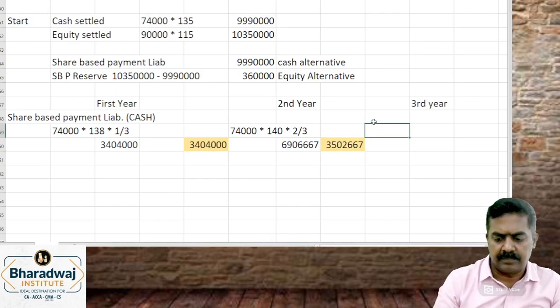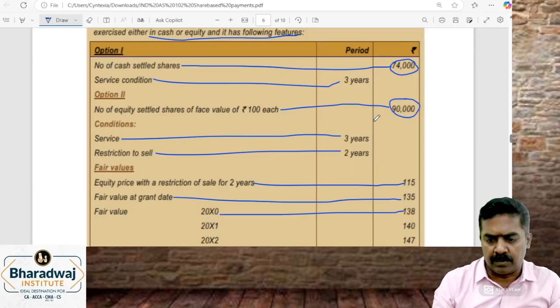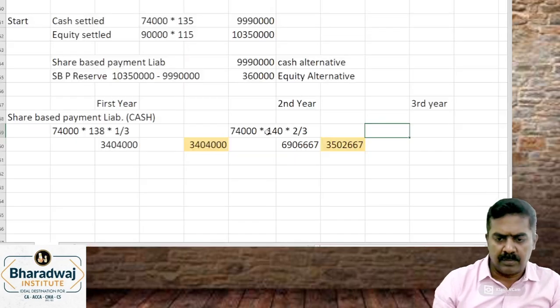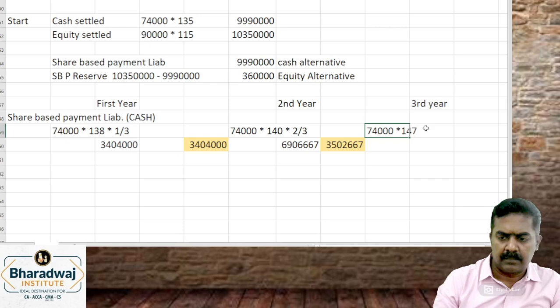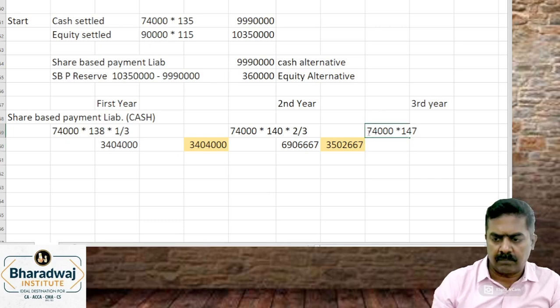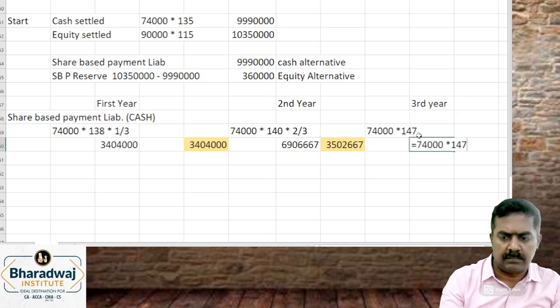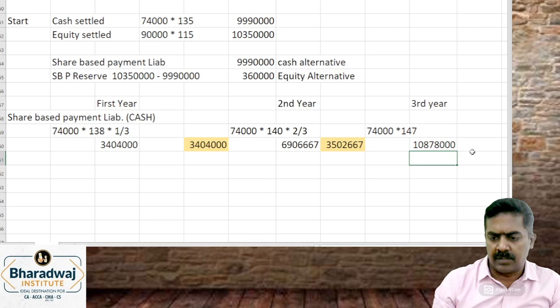Third year: 74,000 into 147. This will be the current year expense.